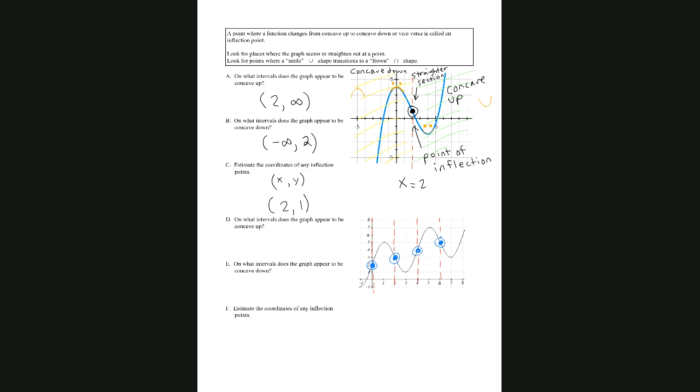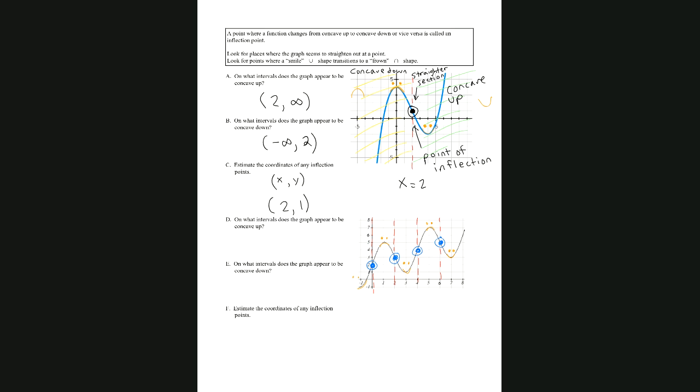And now let's figure out where it's a smile and where it's a frown. I see a smile there. There's a frown here. A smile between 2 and 4. A frown between 0 and 2. And over here we have just part of a smile.